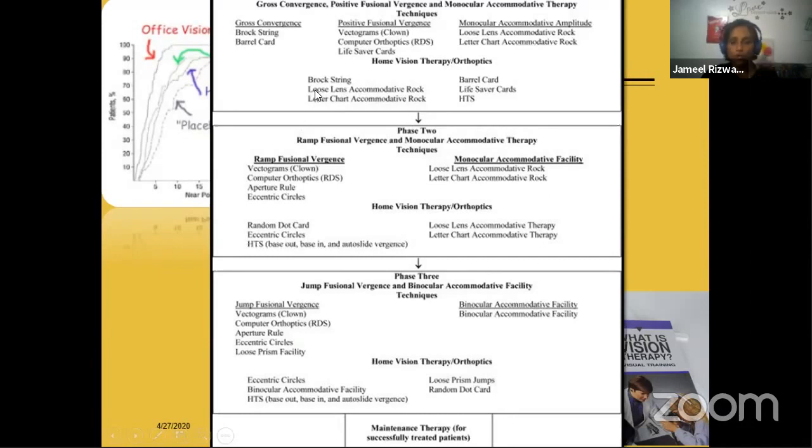You can use your Brock string actually for all the three stages. How you want to use it is what you have to learn. In the first stage, you use the Brock string to teach the patient about physiological diplopia. In the second stage, you use the Brock string to help the patient fixate from one bead to another, from converging to diverging, and you can position the beads accordingly so that you can increase or decrease the difficulty of the task.